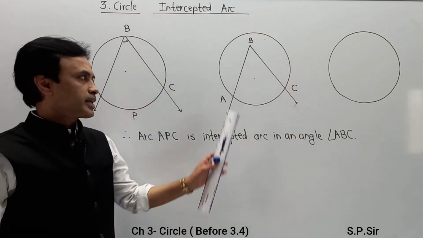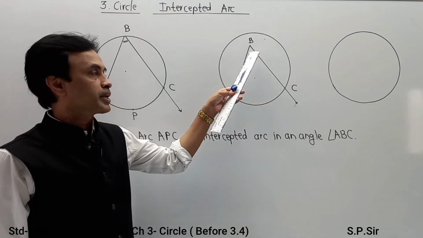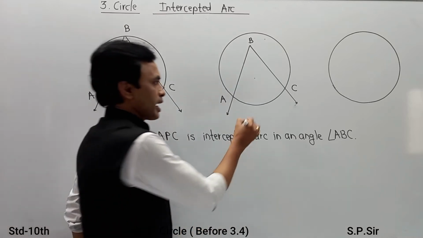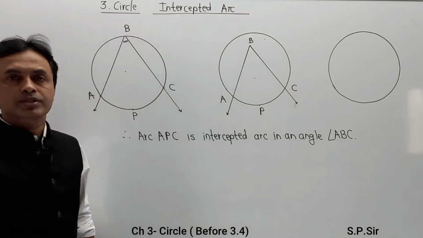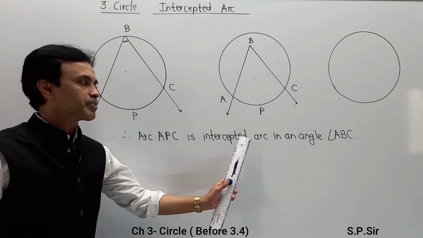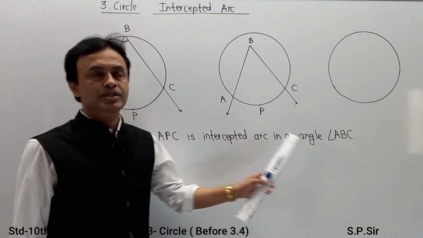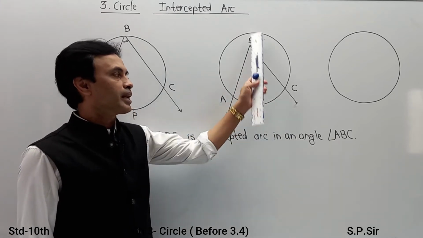Now again you can see this is angle ABC. It is not formed on the circumference of the circle, but it is formed inside the circle. I am going to indicate the part P, meaning arc APC. Again your statement is valid. Arc APC is an intercepted arc in angle ABC.